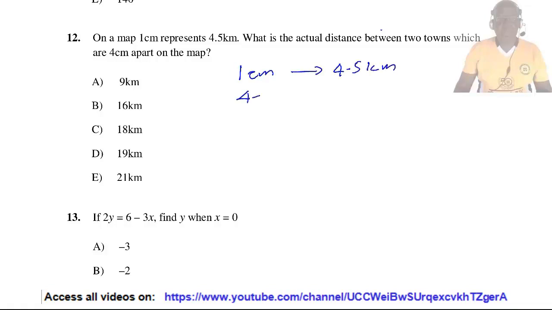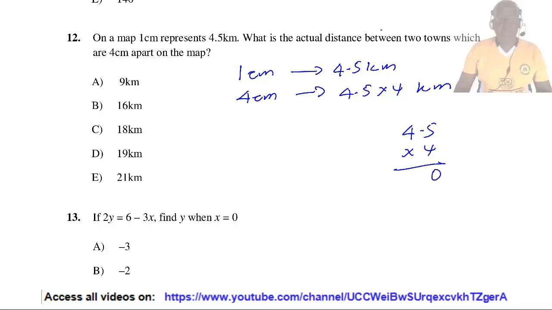Therefore, 4 centimeters is going to represent 4.5 times 4 kilometers. 4.5 times 4. 4 times 5 is 20, carry 2. 4 times 4, 16 plus 2, 18. So the answer is C.